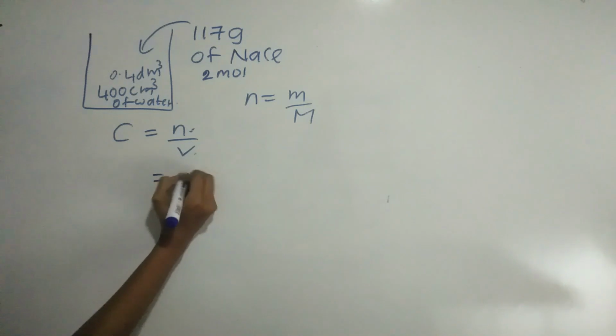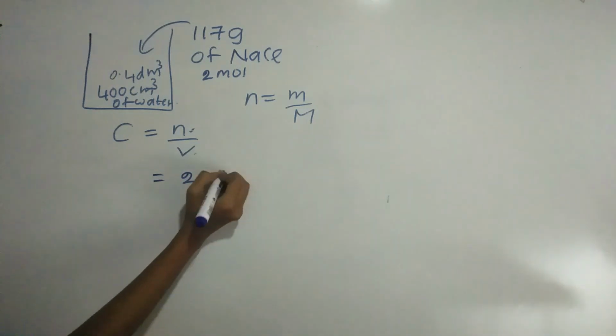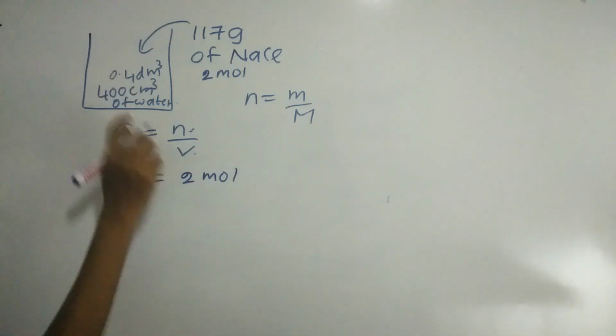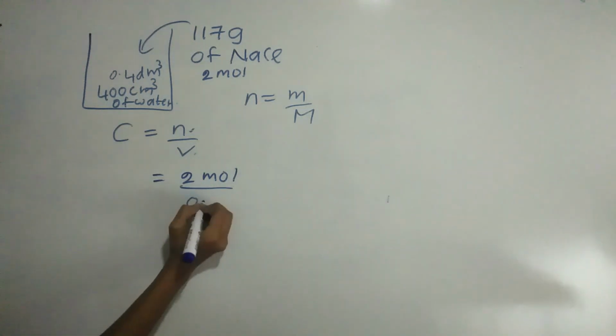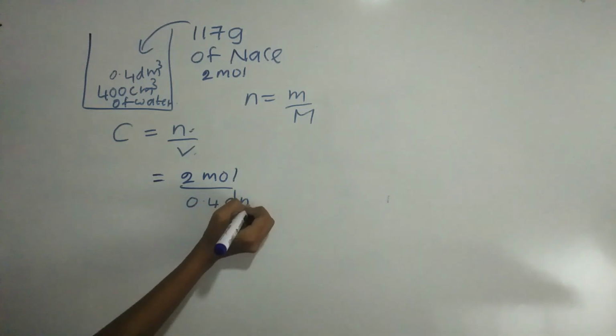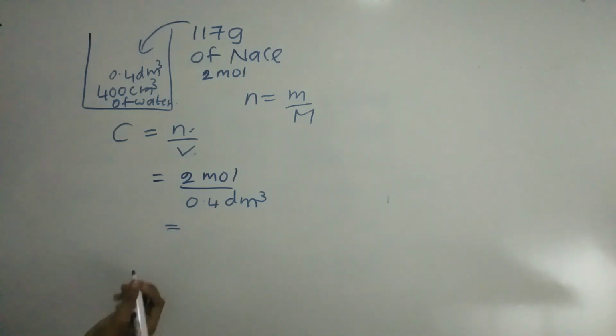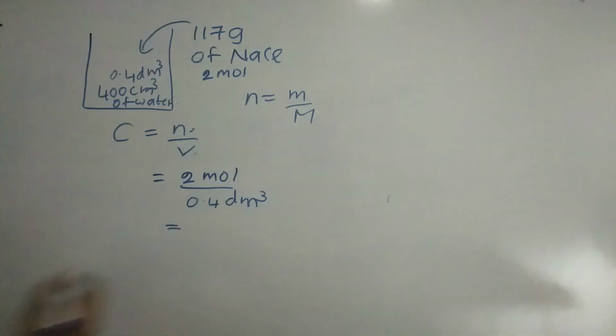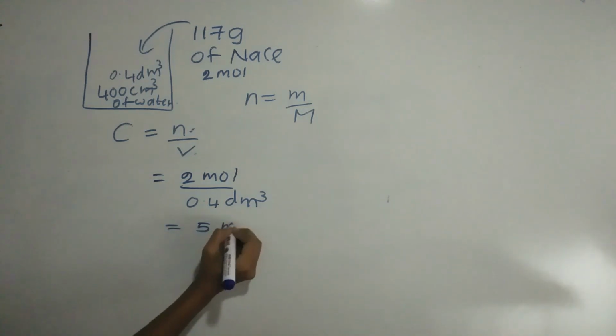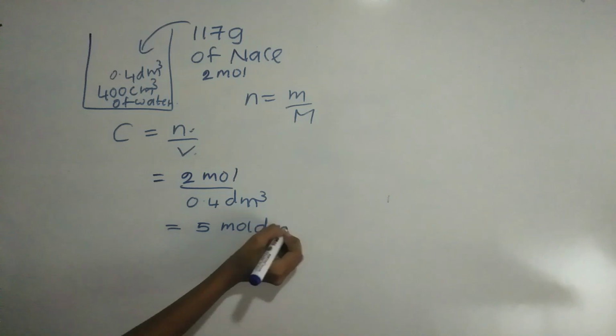The number of moles is 2 and the volume is 0.4 decimeter cube. I get the answer as 5 moles per decimeter cube.